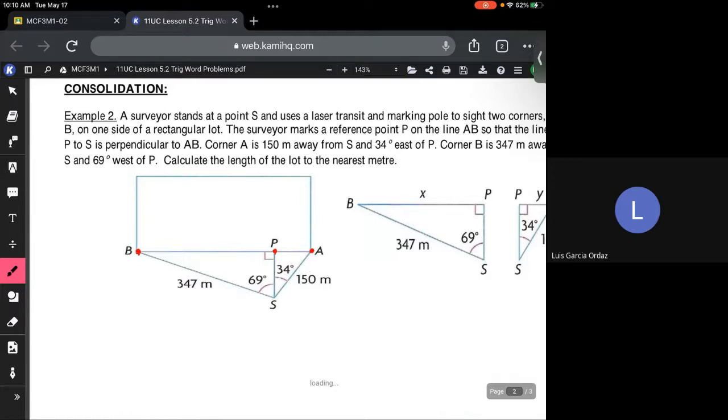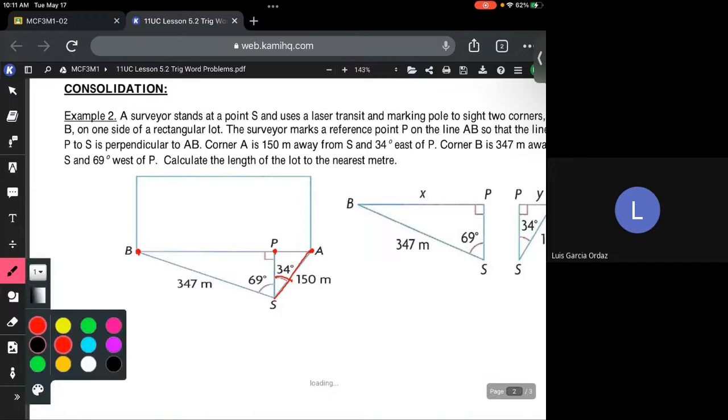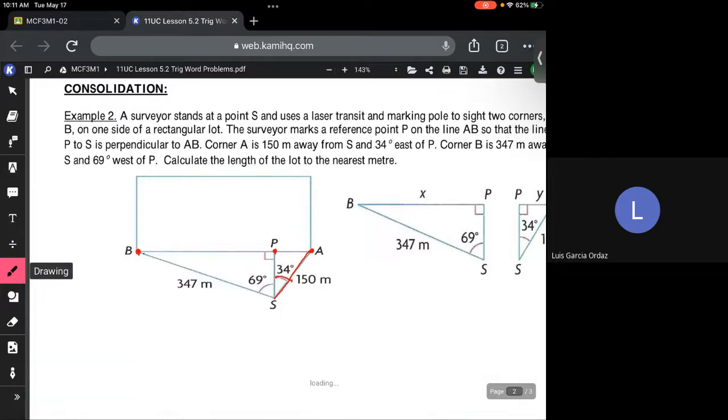Perpendicular means a right angle, so it crosses at 90 degrees. Corner A is 150 meters away from S, which means this side here is 150. And it's 34 degrees east of P. So basically it's saying this angle here is 34 degrees. Corner B is 347 meters away from S. This one's a bit of a complicated question because of the wording. And it's 69 degrees west of P. Calculate the length of the lot to the nearest meter. So we have to check.